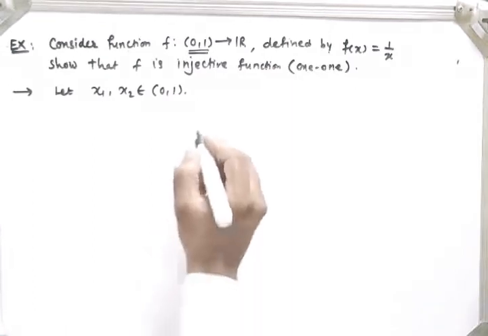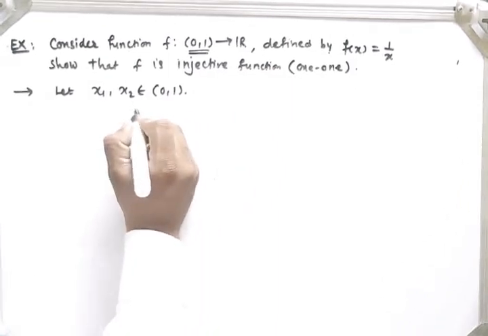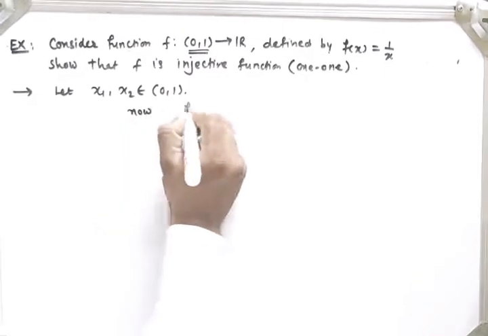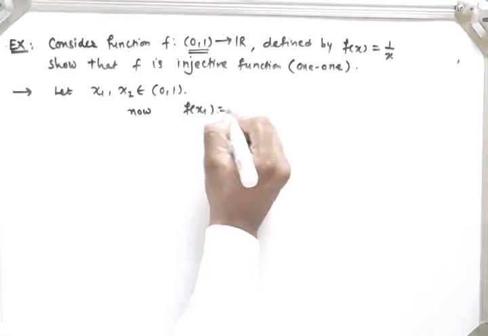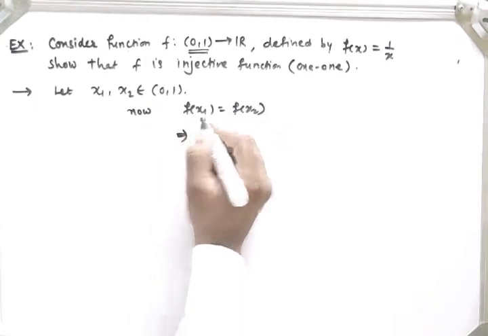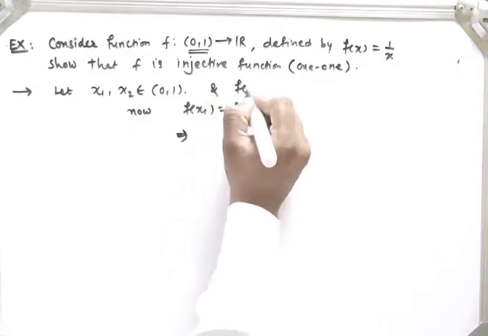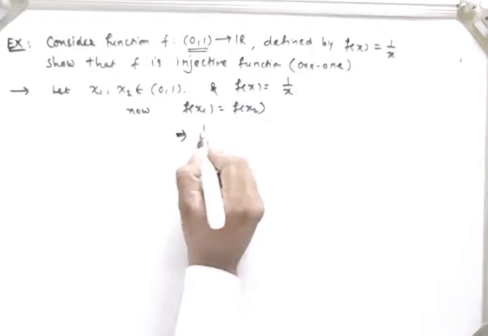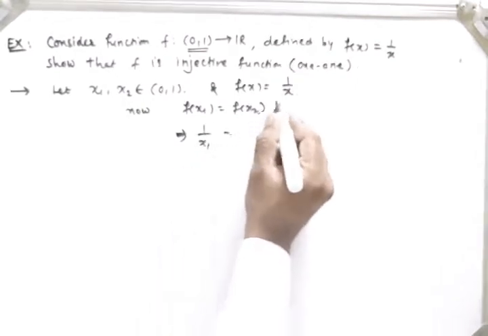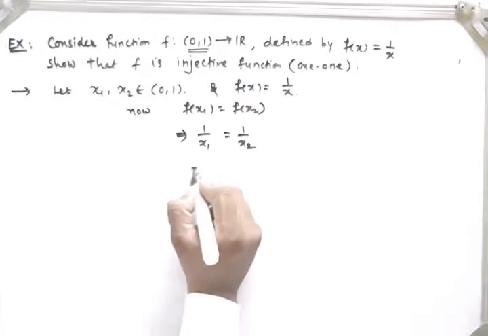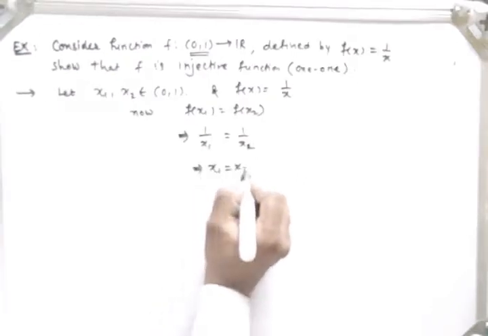Now if f of x1 is equal to f of x2, and f of x is defined by 1 upon x, so replace x by x1, so 1 upon x1, and replace x by x2, so 1 upon x2. Now taking reciprocal, what will I get? x1 is equal to x2.